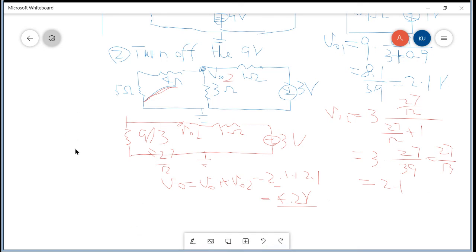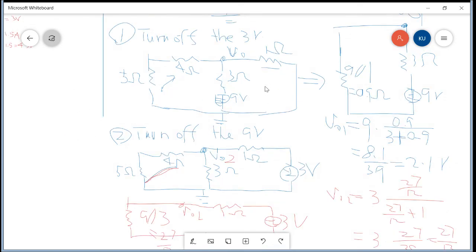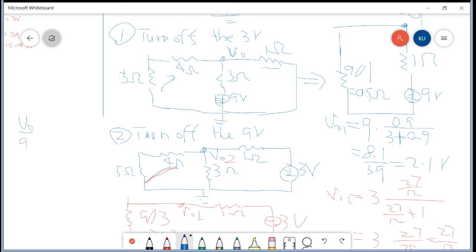Actually, for this simple circuit, you can use node analysis. You can quickly do this: VO over 9 for the left path, then VO minus 9 over 3 for the middle path, and for the right path, VO over 1, equals 0.